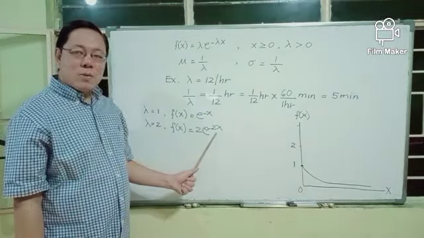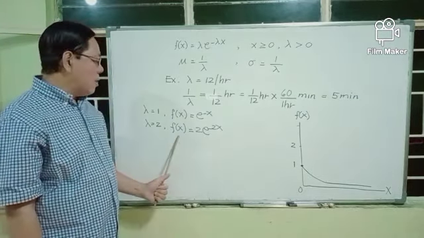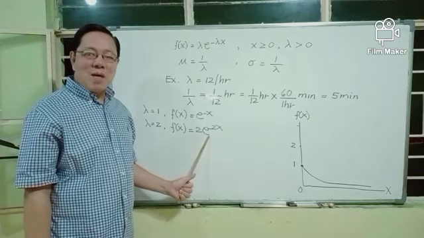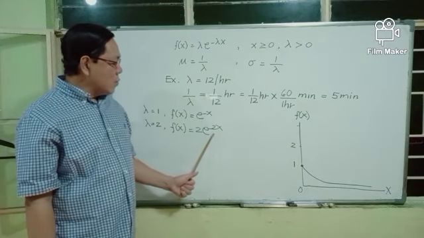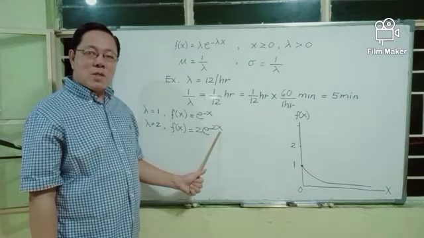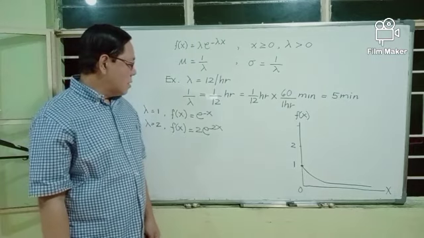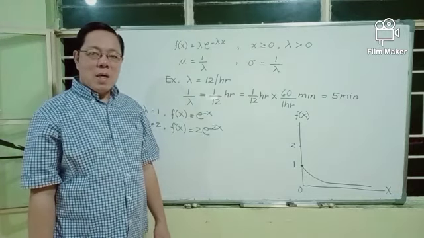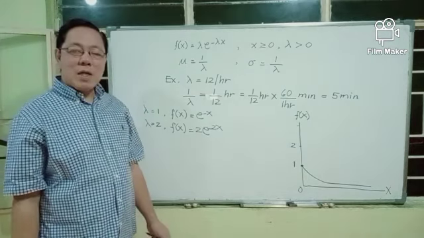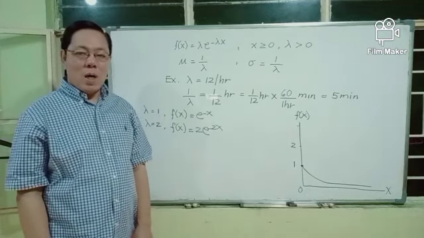When x is 2, the value of f of 2 is 2 multiplied by e to the minus 2 times 2, or 2 times e to the minus 4, or 2 divided by e to the power 4. And that's even smaller than 2 over e squared when x is 1.